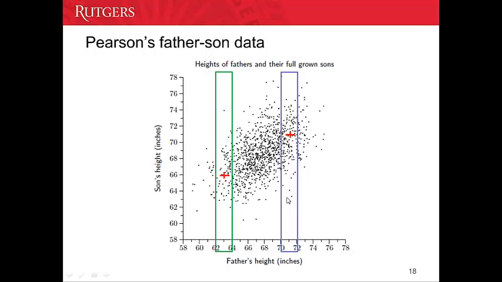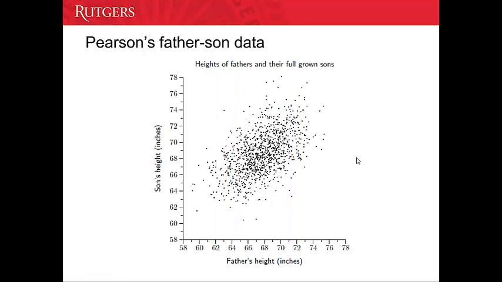And for this portion, let's take a look at this observation. Even though the father's height is high, the son's height is shorter, lower than the average height of sons whose fathers are in this portion. So we can treat those data points as outliers.